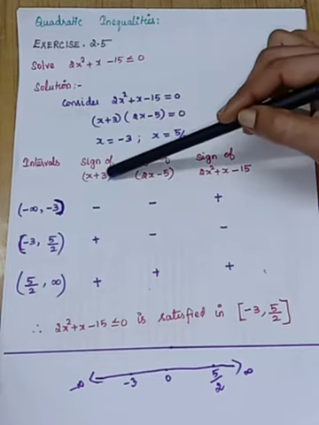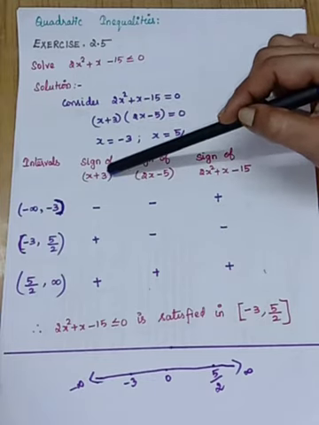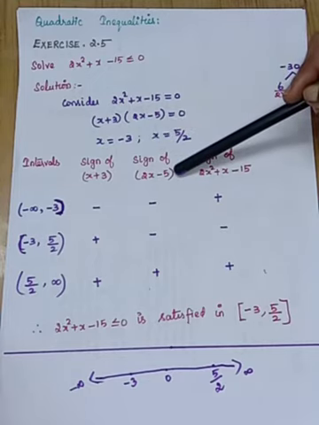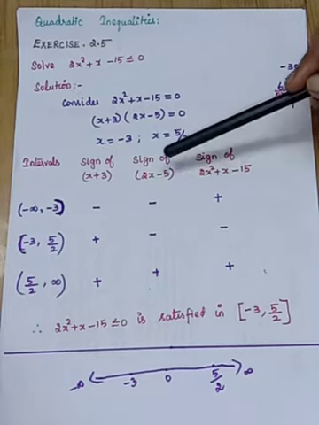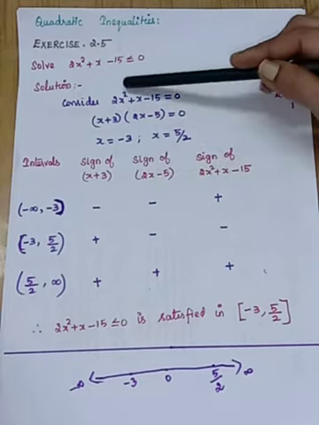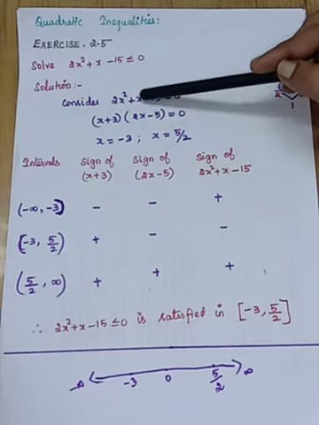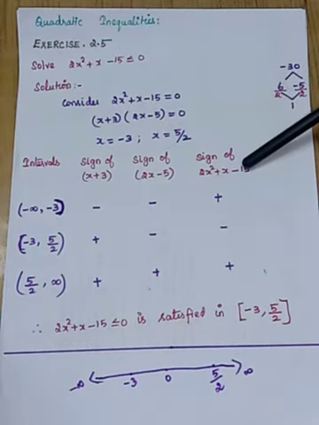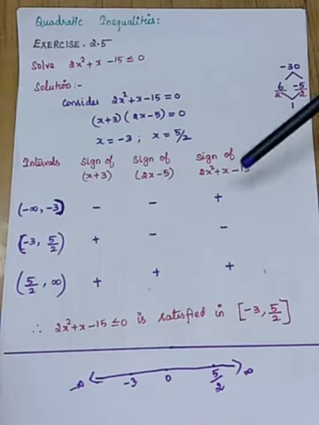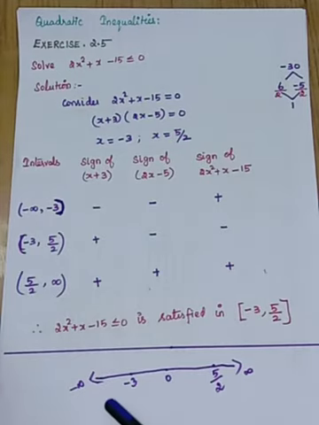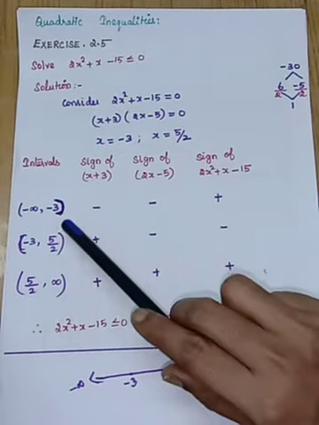So first you have to check the sign of x plus 3 and the next factor, the sign of 2x minus 5. The product of these two is nothing but 2x squared plus x minus 15.